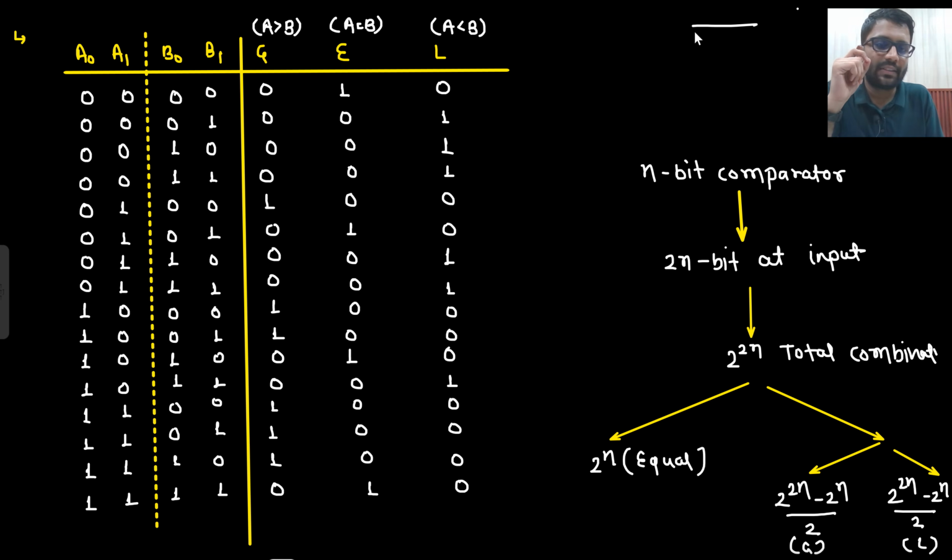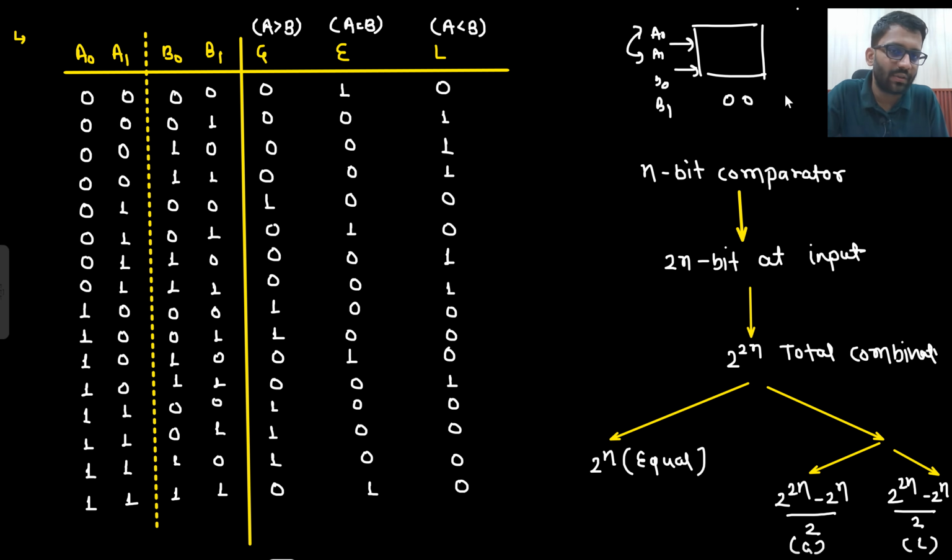Let's say there is a 2-bit magnitude comparator. This has 2 bits A0 A1 and this has 2 bits B0 B1. When will they be equal? When both the bits are equal. That means A is 0 0, this is also 0 0. A is 0 1, this is also 0 1. 1 0 and 1 0, 1 1 and 1 1.